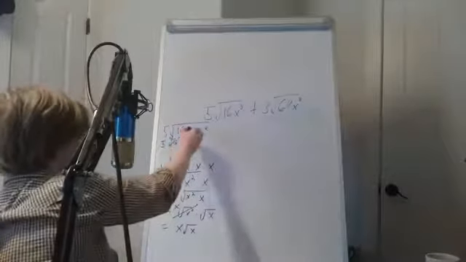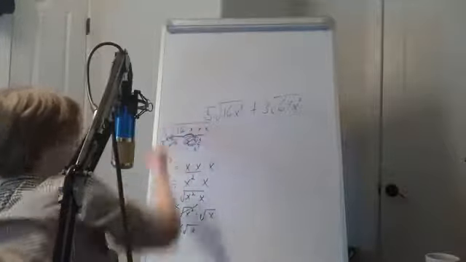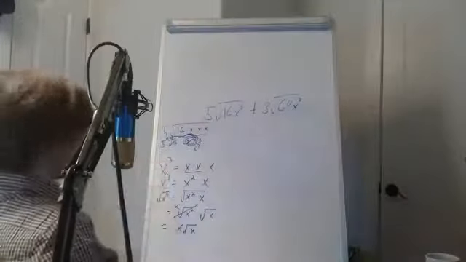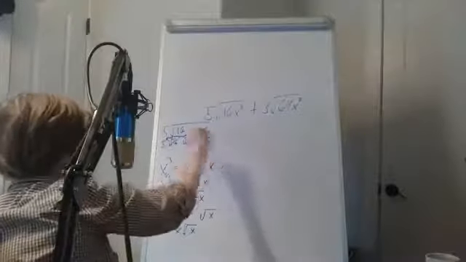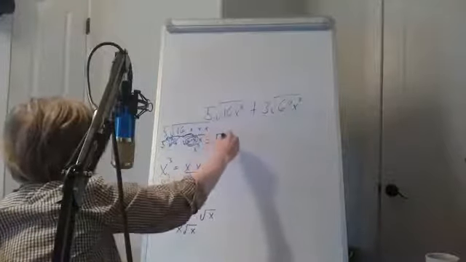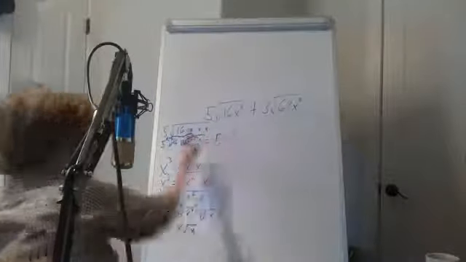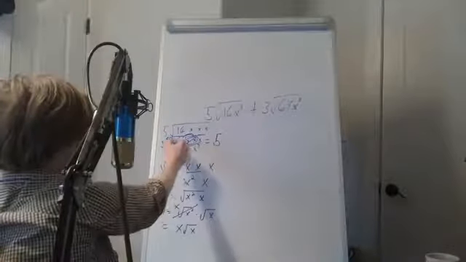So we pull the x out of the radical sign, and this gives us 5 times x. Sorry, we also took the square root of 16 earlier. The square root of 16 is 4.